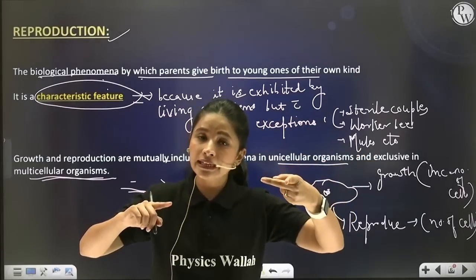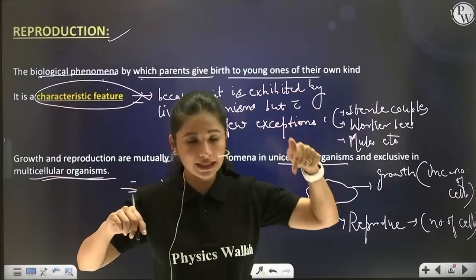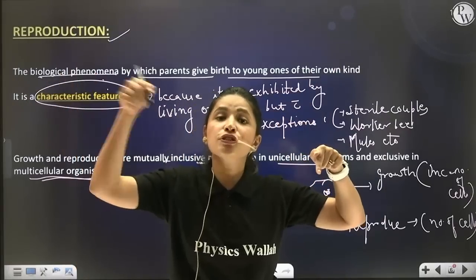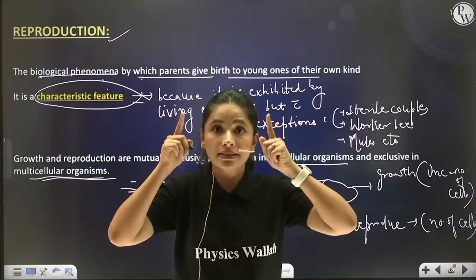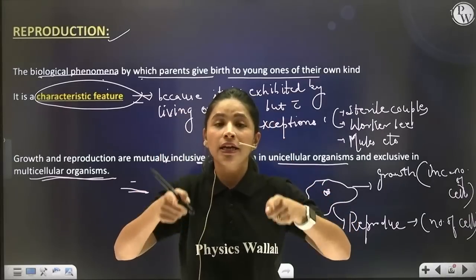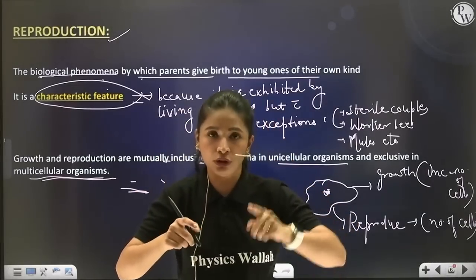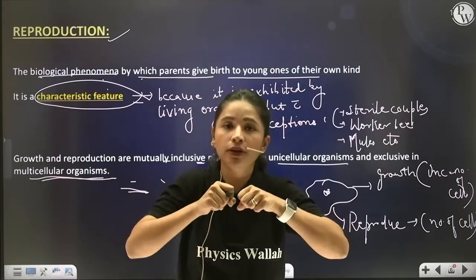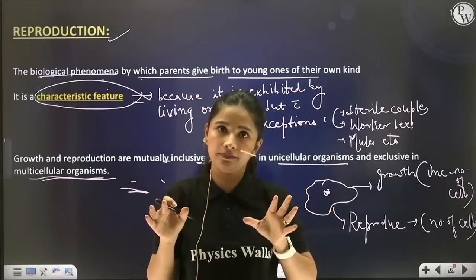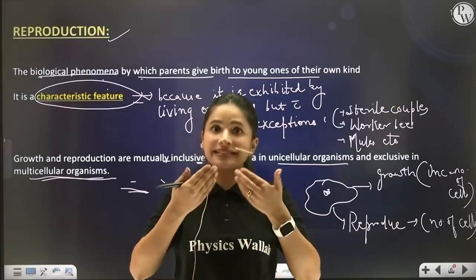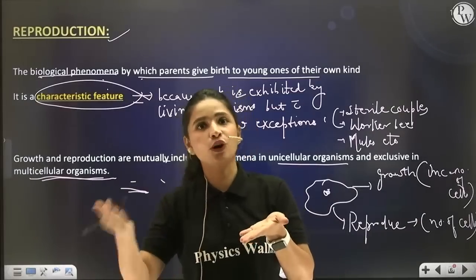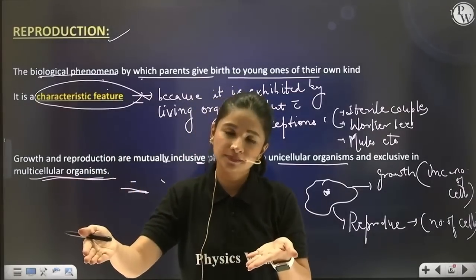Number of cells increase ho raha hai, that means growth is taking place, as well as fission is a method of asexual reproduction. That means this single-celled organism is performing both growth and reproduction hand in hand. This bacteria is reproducing by increasing its number of cells, which is also known as growth.